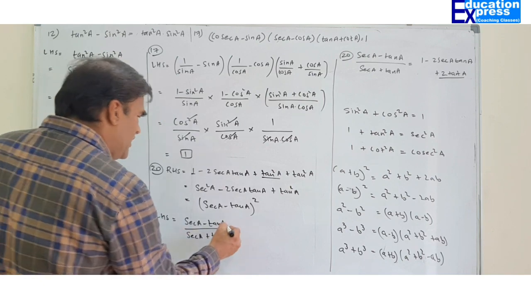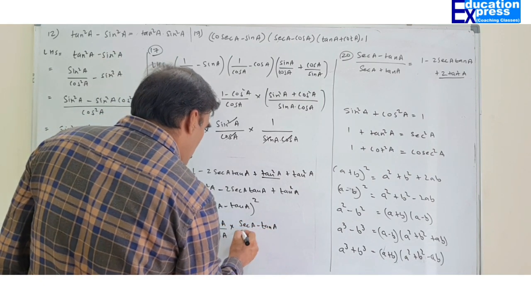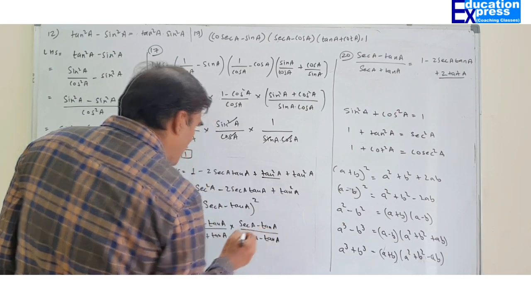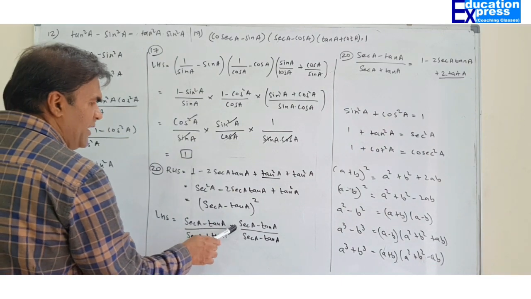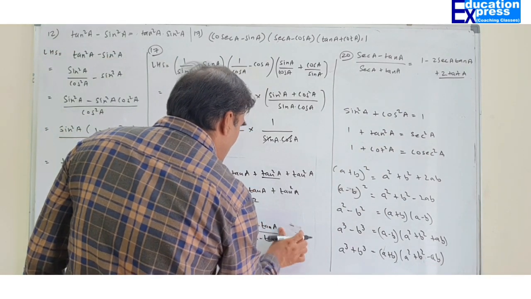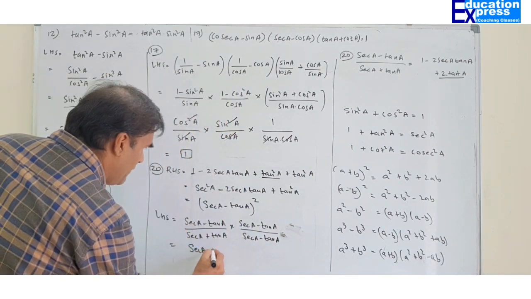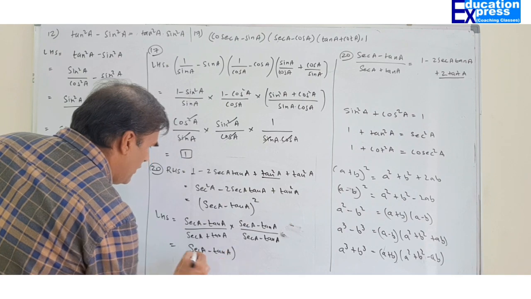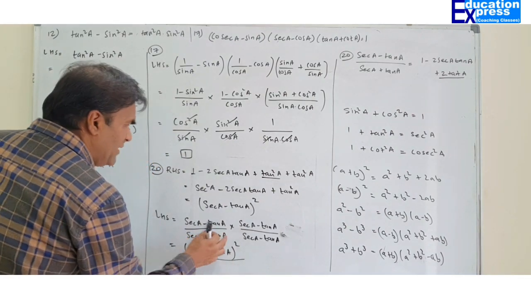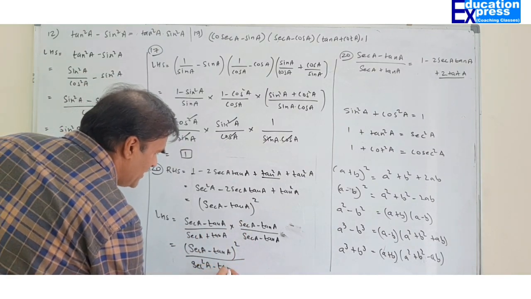Can we rationalize it? Yes, sir. Sec A minus tan A upon sec A minus tan A. What will be the result? So a minus b into a minus b, it is going to be, I am writing it down, a minus b the whole square upon a plus b, a minus b, sir, a square minus b square.